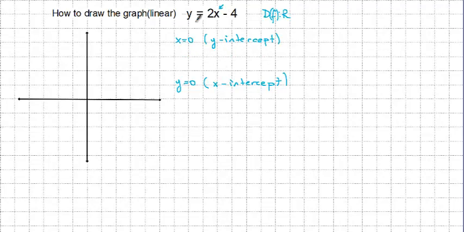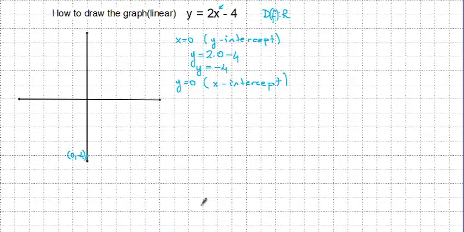I'm writing 0 for x in the equation. y equals 2 times 0 minus 4. 2 times 0 is 0, so y equals minus 4. It means that our line is going to pass through the point y equals minus 4. On the y-axis, the minus 4 value is here, this point. So x equals 0, y equals minus 4. This is the first point.